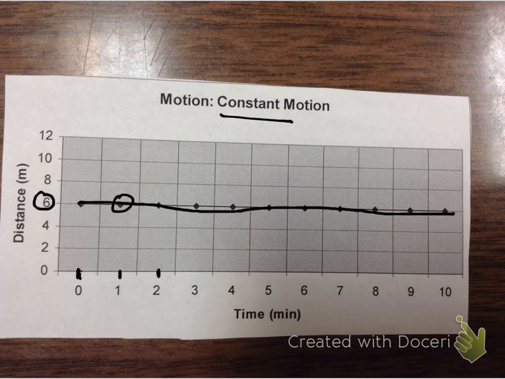At 2 seconds, they were still at 6 meters. So my question is, did they move? Nope, they just stayed right at 6 meters away from wherever the starting point is. So this is also constant motion, but that constant motion is zero motion. So a horizontal line is no motion.